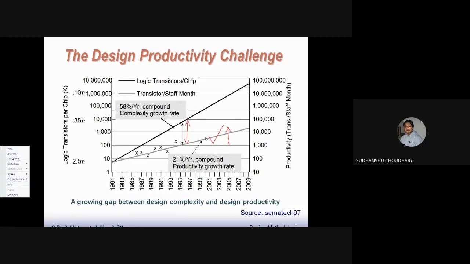Though obviously the microprocessor design teams, the number of people may go up somewhere around 500. But yes, one cannot expect that all design team members should be involved only in designing just one circuit, right? So that is actually a huge problem here. That is the skilled manpower, which does not grow up at the same rate as the complexity grows. So that is why we see a gap over here.